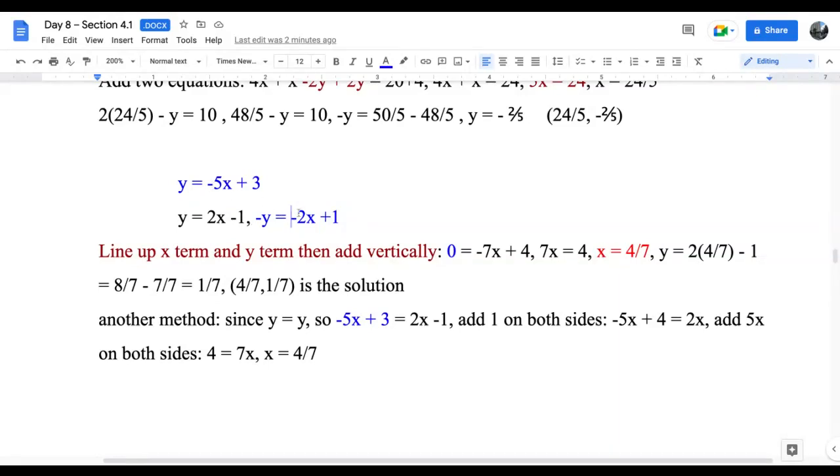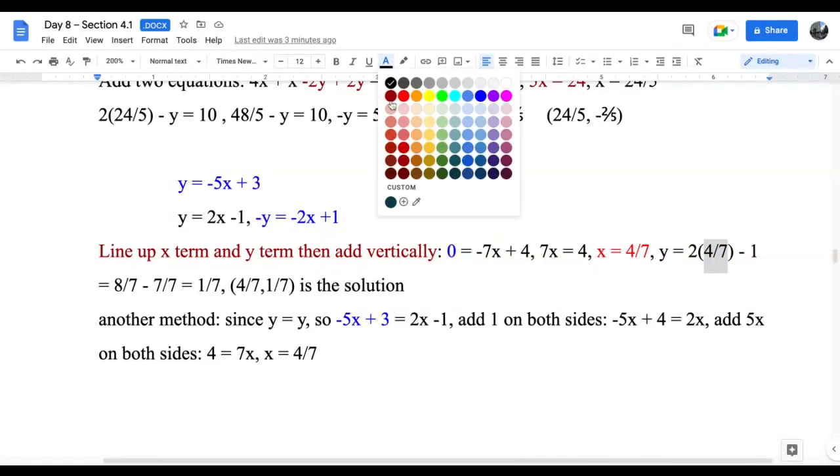Negative 5x plus negative 2x is negative 7x. 3 plus 1, that's 4. So we get 0 equals negative 7x plus 4. Then we move 7x to the other side, it becomes positive. 7x equals 4, so x equals 4 over 7. Then we substitute into the second equation: 2 times 4 over 7, the new x value.